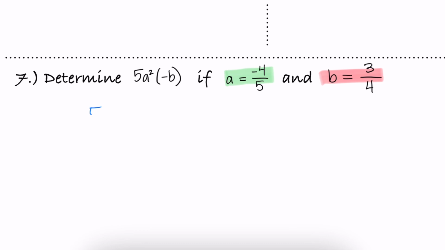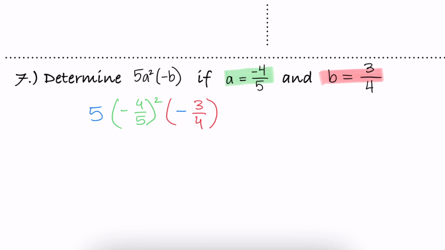So 5 times negative 4 over 5 squared times negative, and then b, so 3 over 4. I'm actually going to change the color of the negative so that we're clear that that's not part of b.